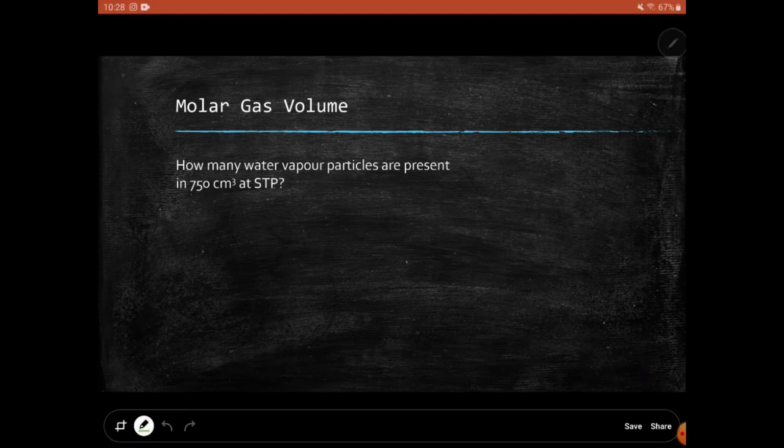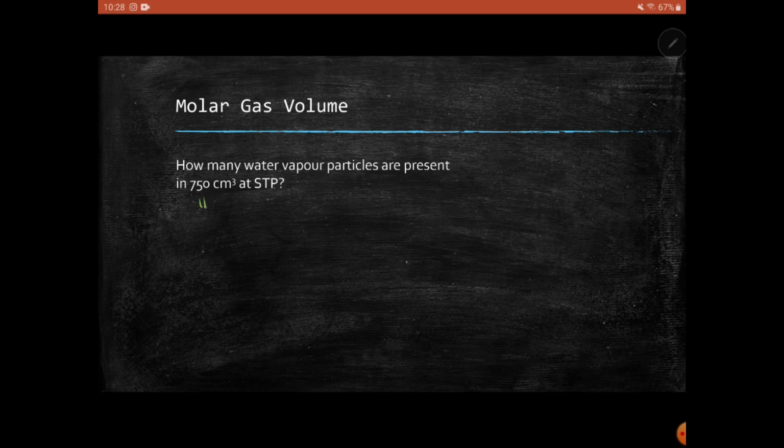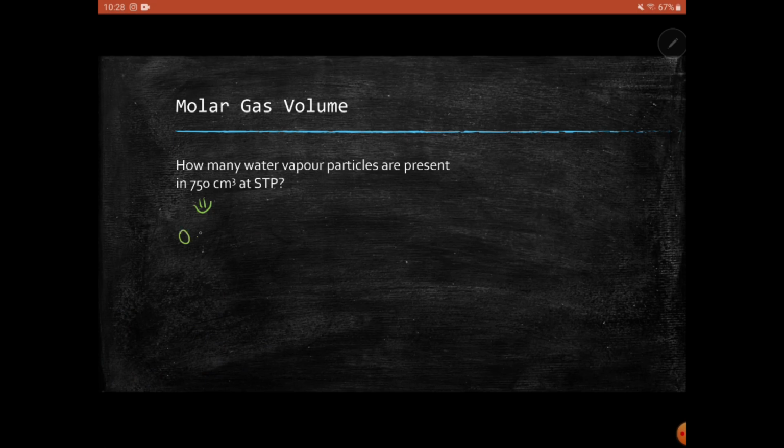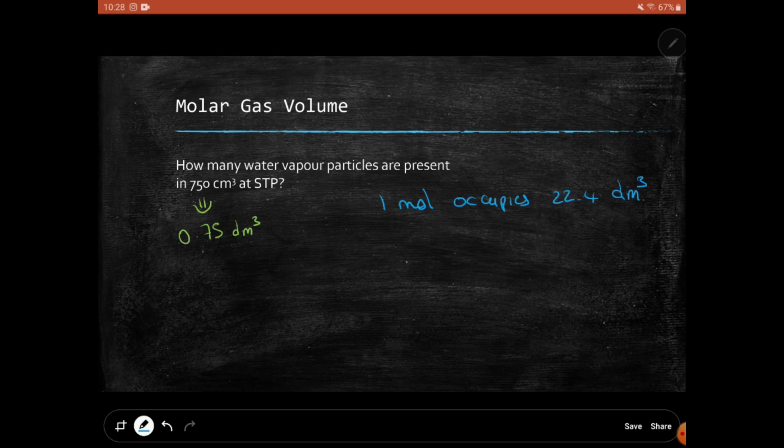I already know that 750 centimeters cubed is equal to 0.75 dm cubed. Well, I already know our statement says that 1 mole occupies 22.4 dm cubed at STP.